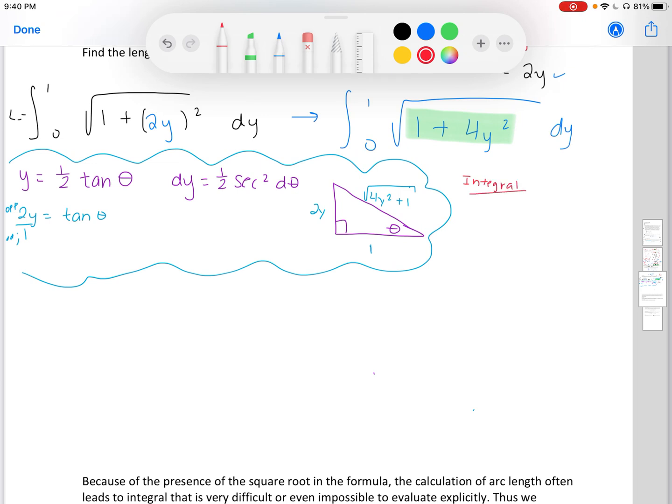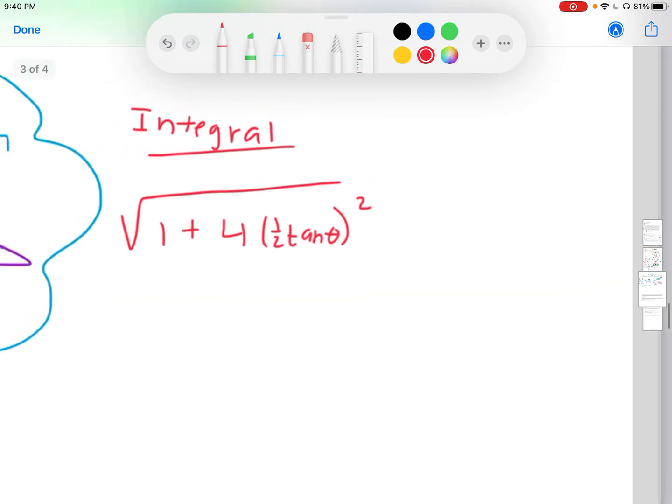So we have the square root of 1 plus 4 times y squared. We said y is 1/2 tangent theta. Let's clean that up. This gives us the square root of 1 plus 4 times 1/4 tangent squared theta.